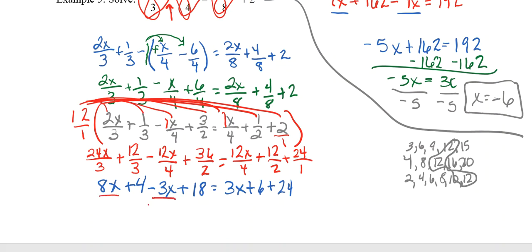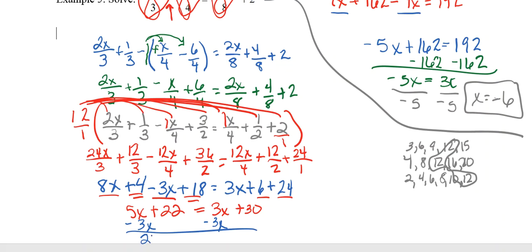So, like terms, we have 5x. Plus 4 plus 18 is plus 22. On this side, just the 3x, and then 6 and 24 is 30. I'm going to subtract the 3x to keep my x's positive. So I have 2x.